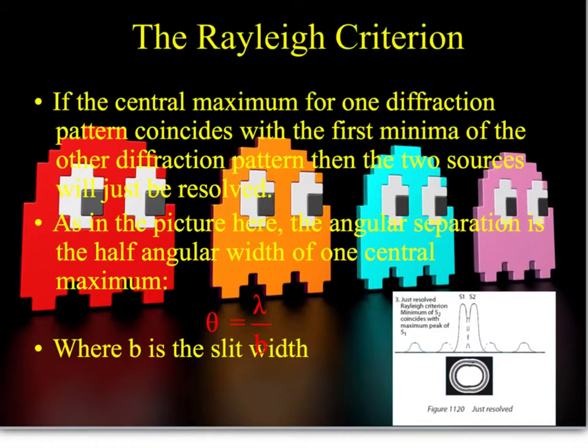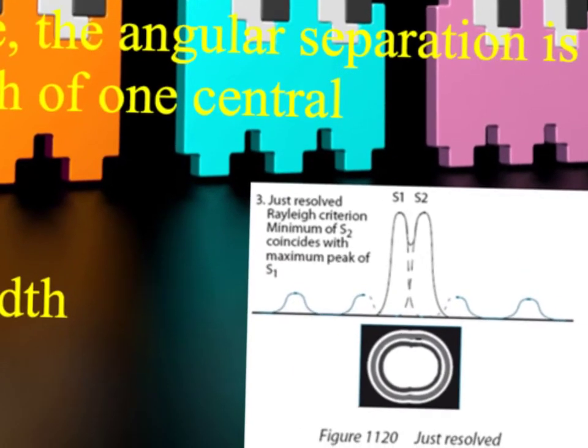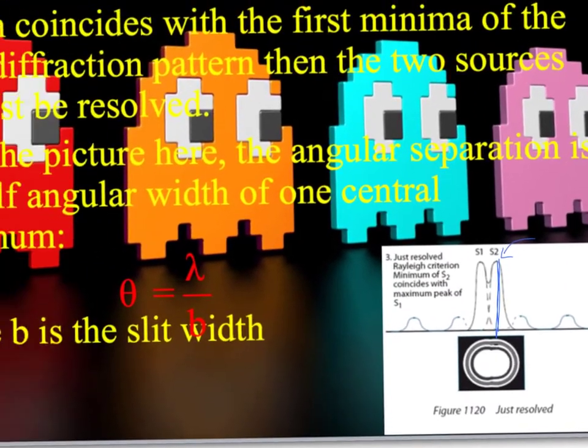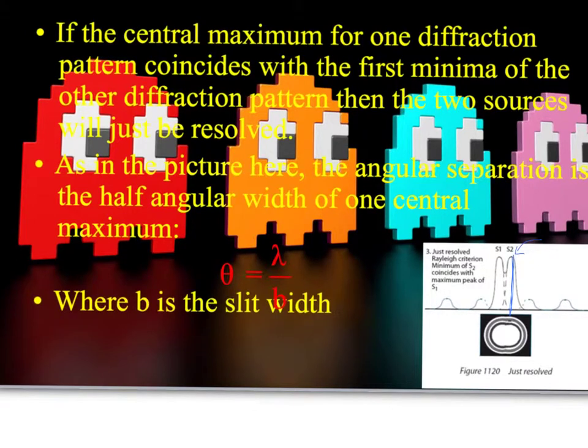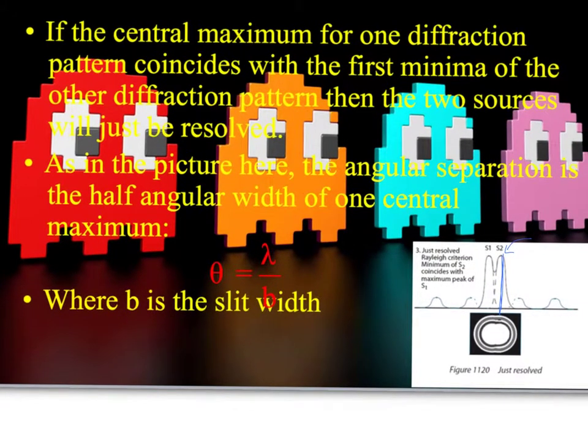And so if the one maxima basically lines up with the minima or the dark spot of the other diffraction pattern, then you're going to be able to resolve the two objects. As you can see in this picture, the angular separation is half the angular width of one central maxima. And in this equation, b is the slit width. So that angle is lambda over b.